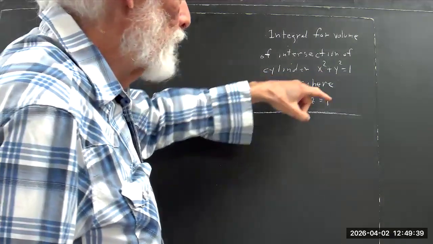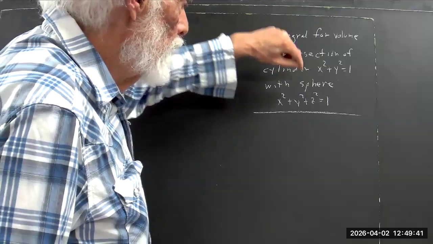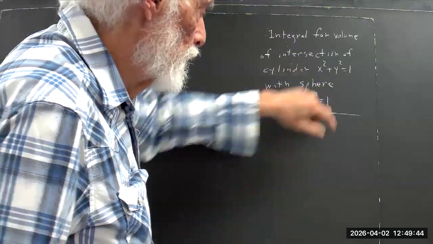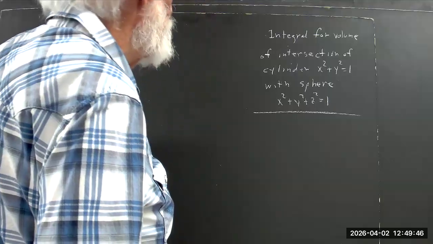But we aren't doing that, because what we're doing is intersecting it with the sphere, x squared plus y squared plus z squared equals 1.